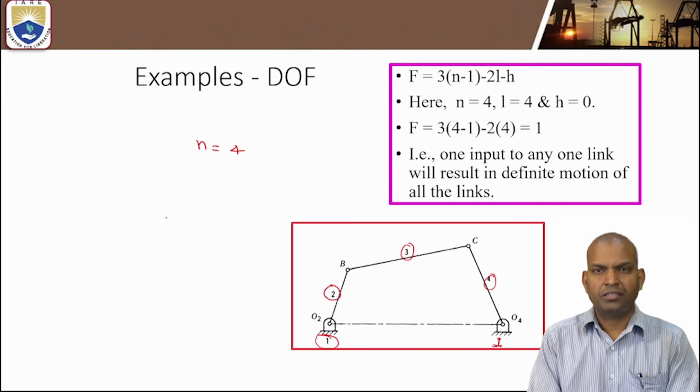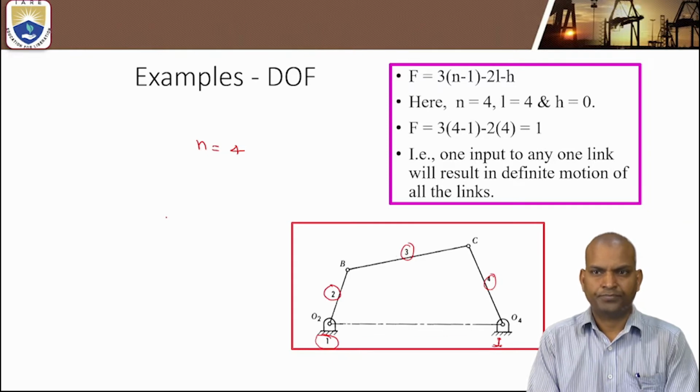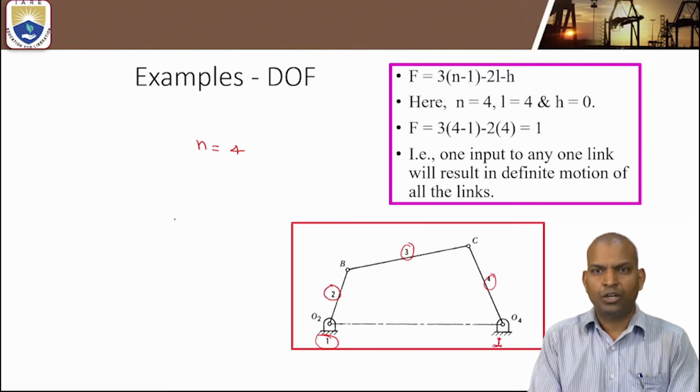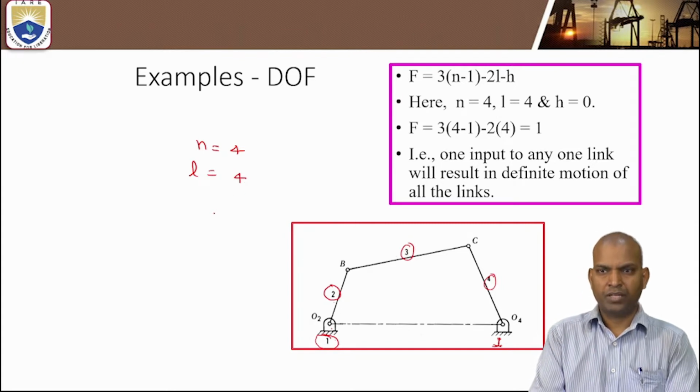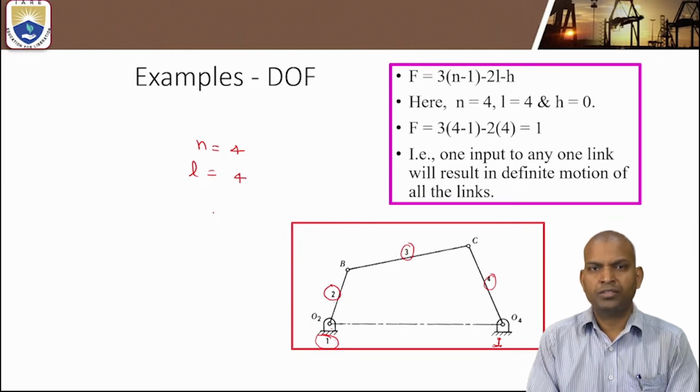Here, link 2 and 3 is a lower pair, link 1 and 2 is a lower pair, link 3 and 4 is a lower pair, and link 4 and 1 is a lower pair contact. So the number of lower pairs L equals 4. And in this 4-bar mechanism, there are no higher pairs. That's why H equals 0.